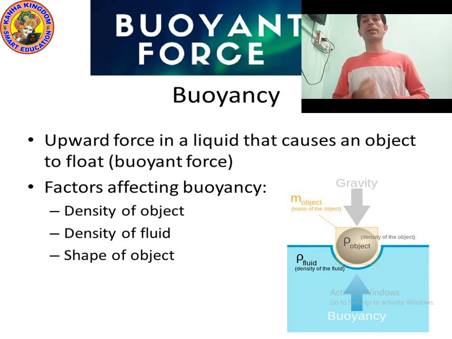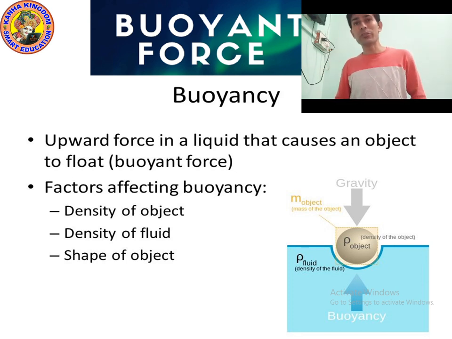It also depends upon the density of the fluid. Remember kids, the density of any object should be less than the density of the fluid or liquid, then it will float, otherwise it will sink.